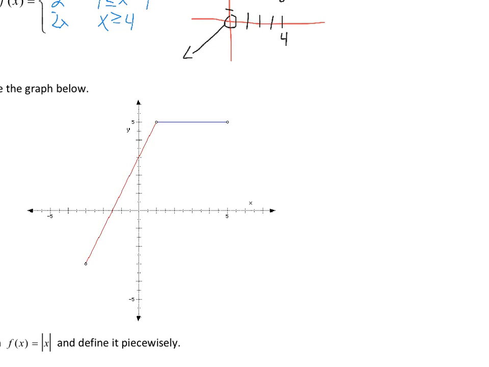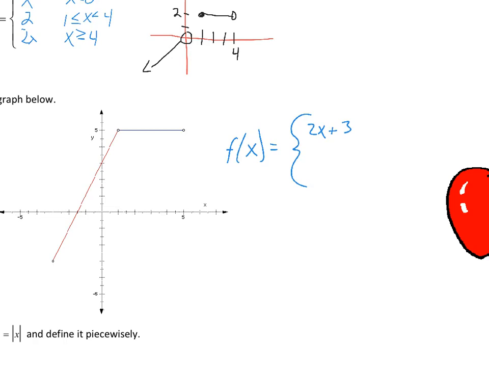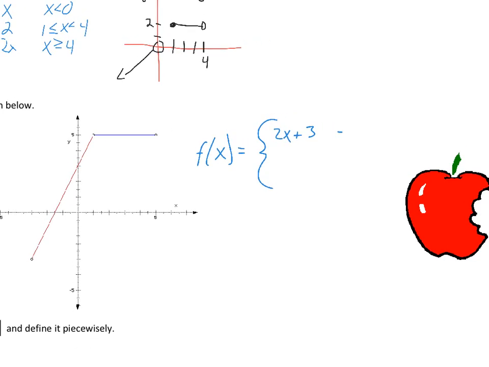So my function then is f of x equals, I have two different pieces because there's two different lines, but 2x plus 3. And then just look at what x values this is graphed for. Well, it starts at -3, but not including -3 because there's a hole there, and it stops at x equals 1. So then the domain you write over here is just -3 less than x less than 1.